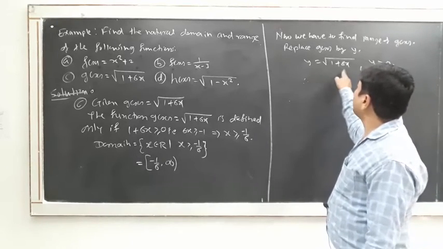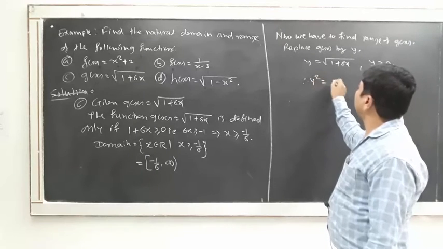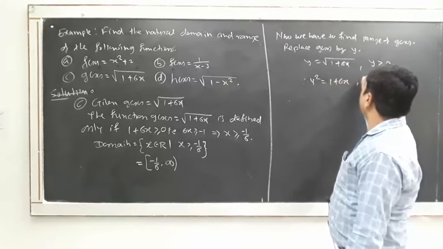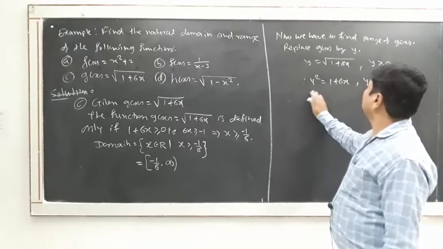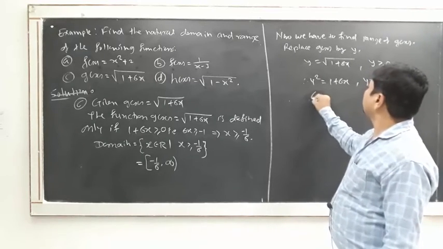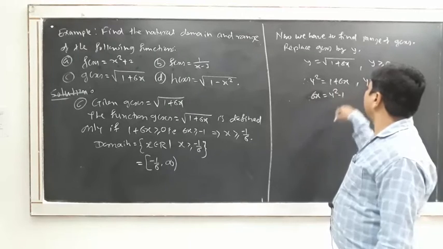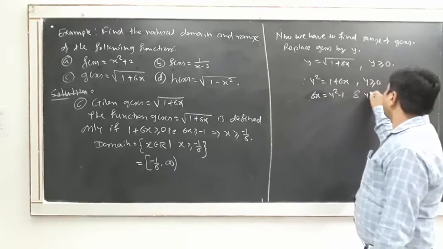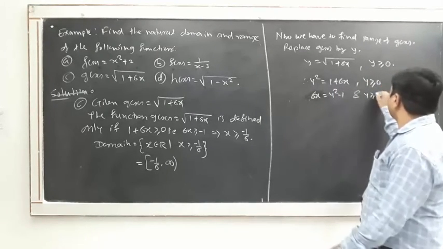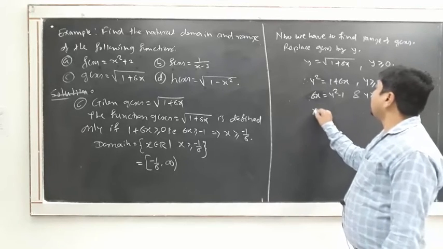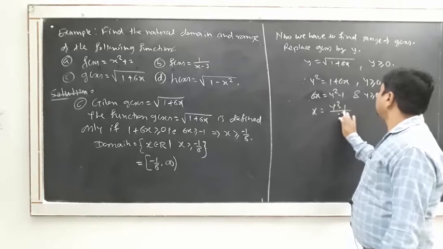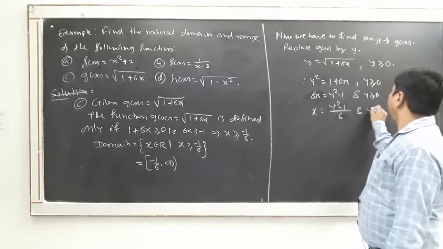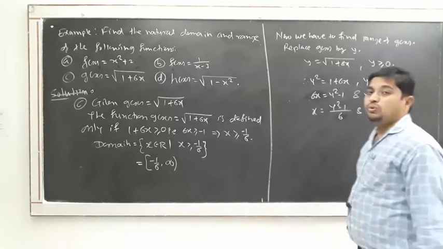So how do we solve this for x? So y square is equal to 1 plus 6x, and y is greater than or equal to 0. So x, what can we write here now? 6x is equal to y square minus 1, and y should be greater than or equal to 0. So x is equal to y square minus 1 upon 6, and y is greater than or equal to 0.